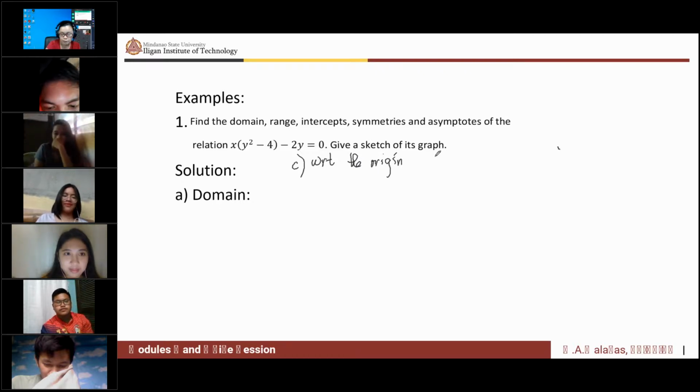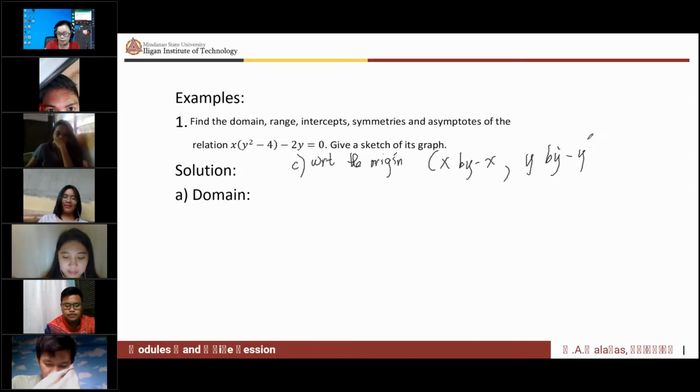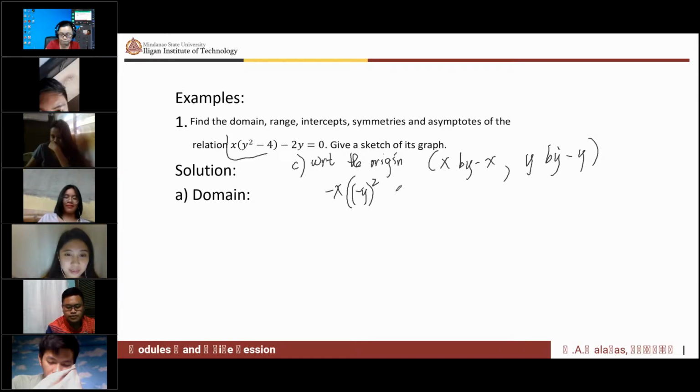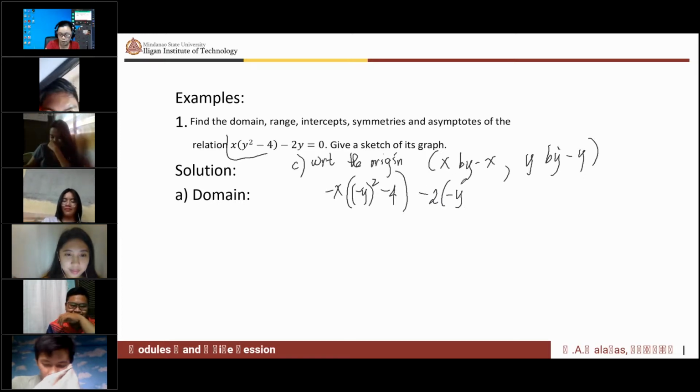Now, with respect to the origin, what do we need to replace? Replace x by negative x and then y by negative y. So we have negative x times negative y squared, referring to this equation here, minus 4 minus 2 times negative y equals 0.